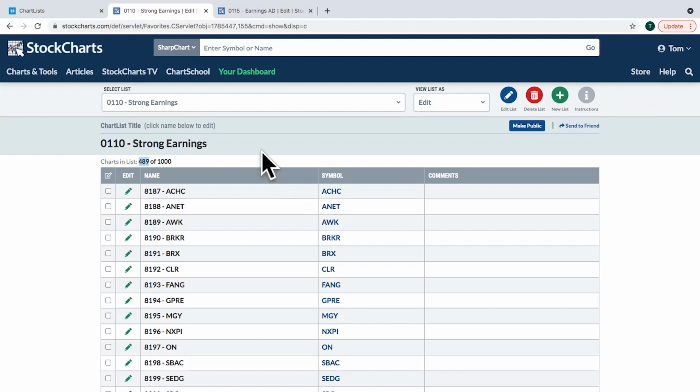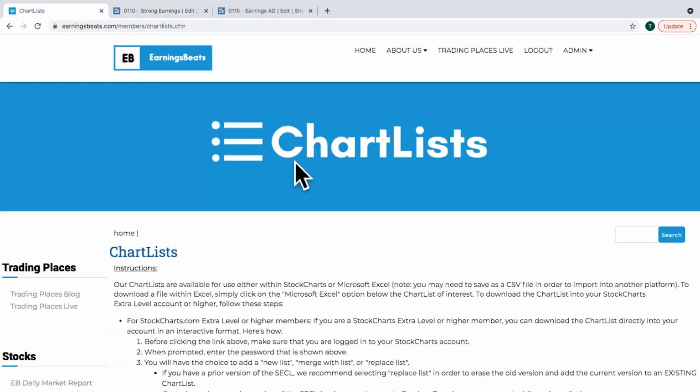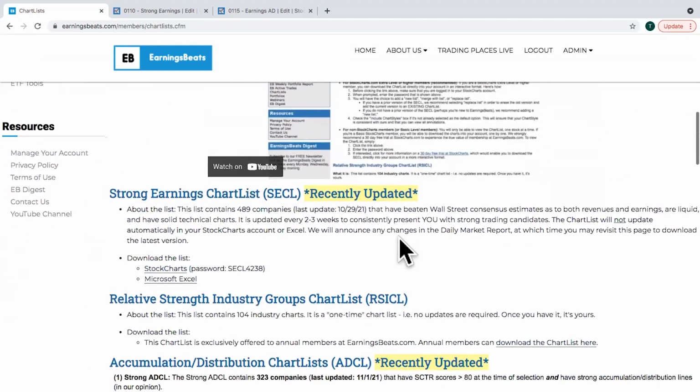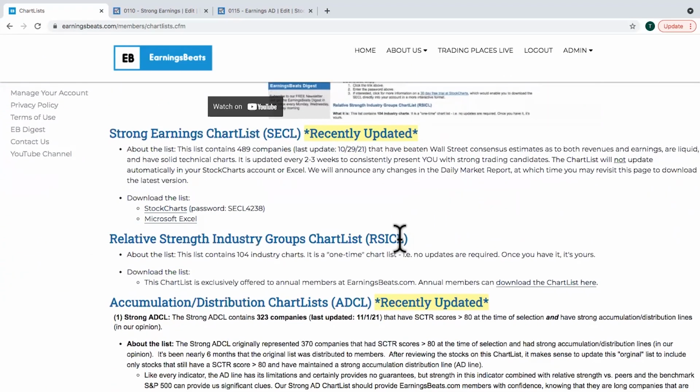Another thing I can show you, if you go over to our EarningsBeats.com website, this is what our members see: chart lists. When you scroll down, we have a number of chart lists that we allow our members to download from our website. So I just talked about the strong earnings chart list, the SECL.